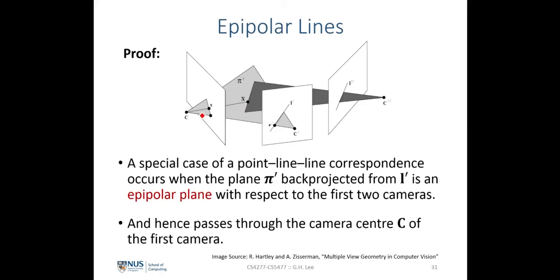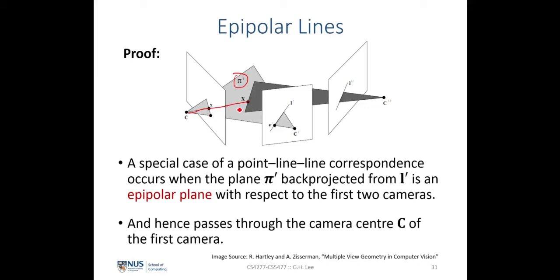And now we're assuming that the line correspondence in the second view over here is formed by the plane π' over here, that is formed by the projection of the back projected light ray of the point correspondence in the first view, which is called x over here.